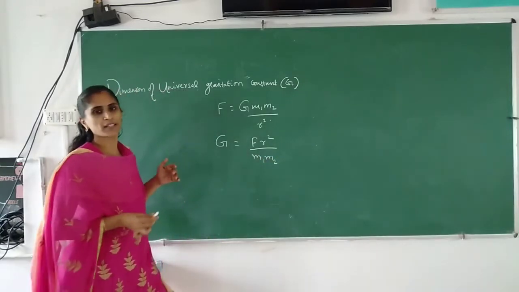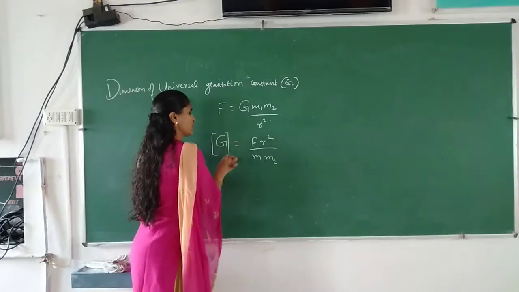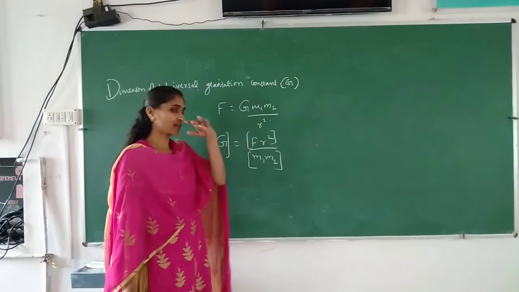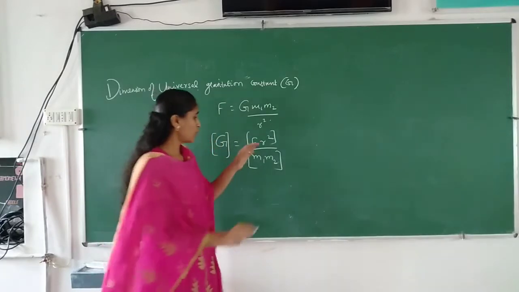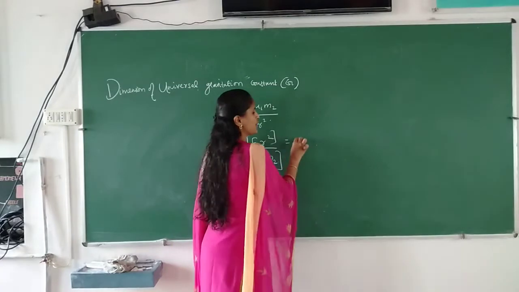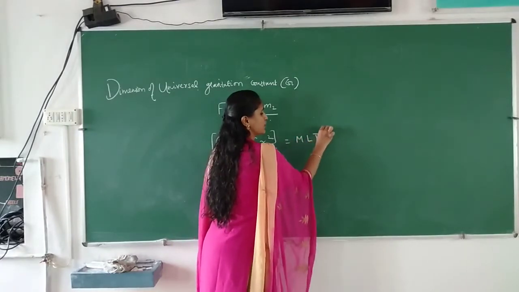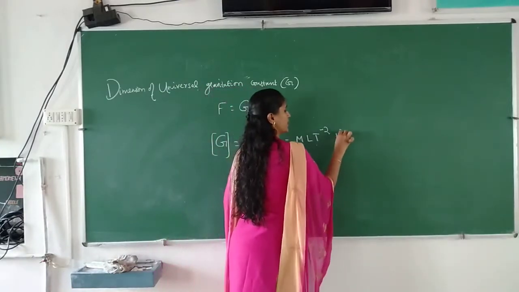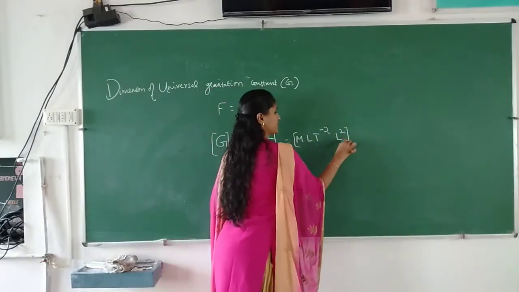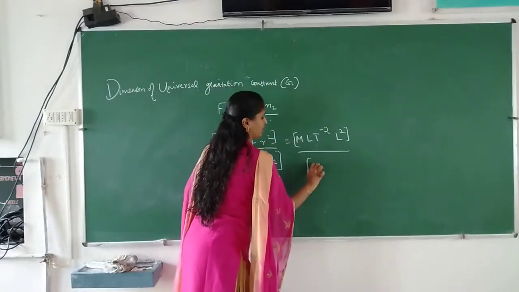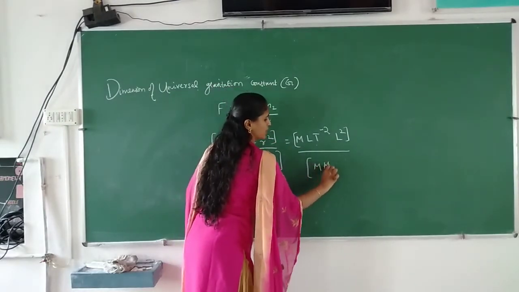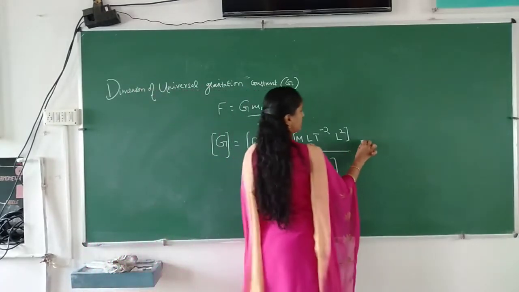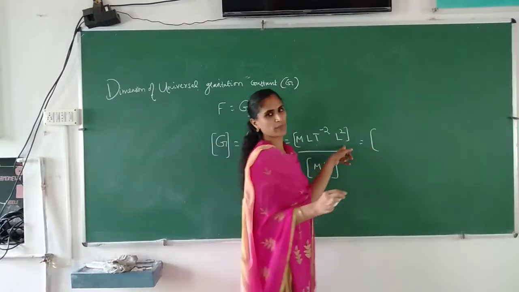Now it is very easy to find the dimension. The dimension of G is equal to the dimension of F r square divided by m1 m2. Now what is the dimension of F? F is force. Its dimension is m L t raised to minus 2. Again r square is length square, divided by m square. L into L square becomes L cube.